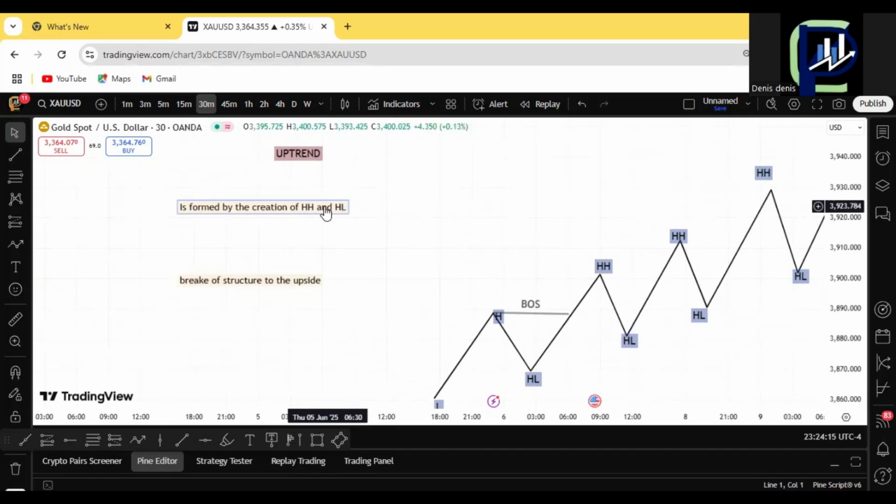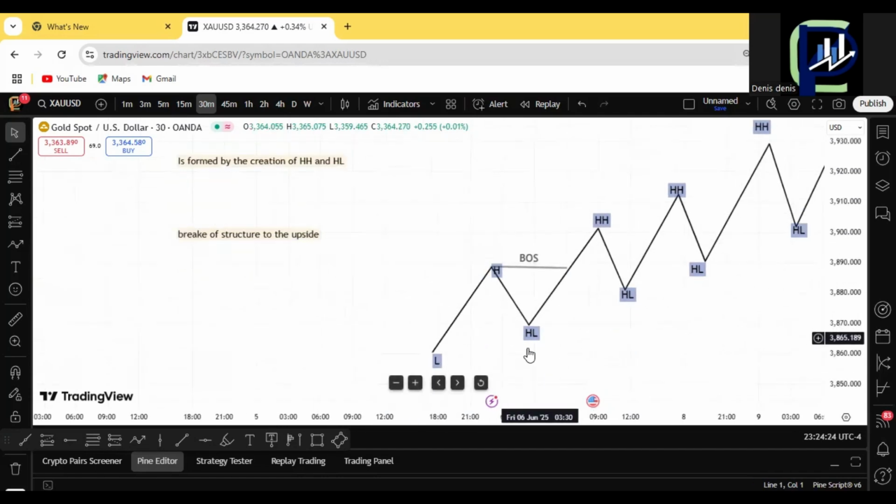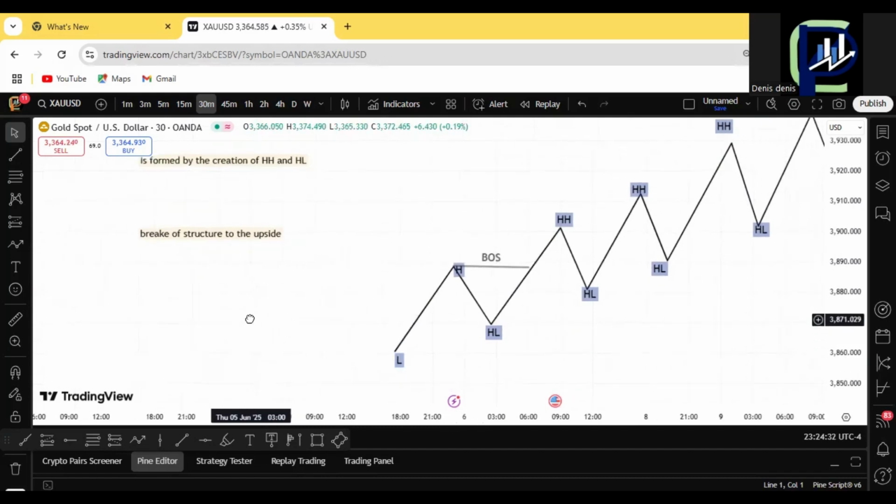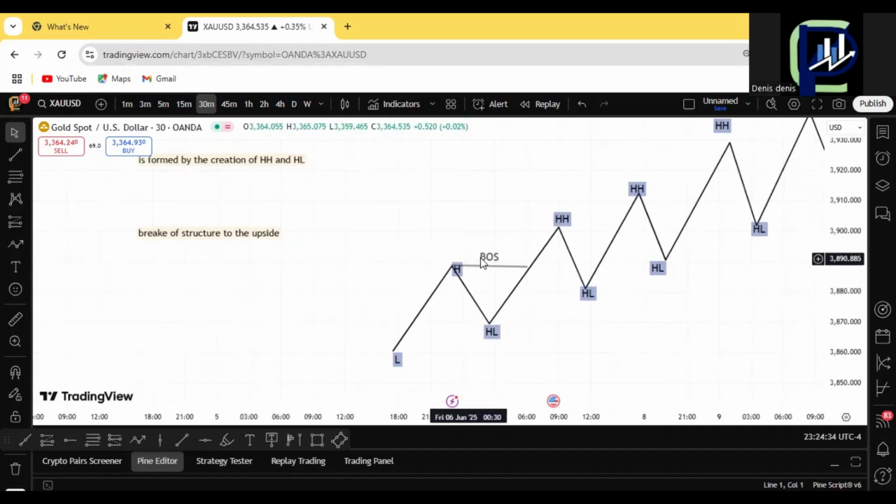And you need to understand that a higher high should be a high that is above another high, and a higher low is a low that is higher than the previous low. So as long as that is consistent, that means we're going to make an uptrend. And we also understand that we have to break structure to the upside. If we break the structure to the upside, we're creating an uptrend.